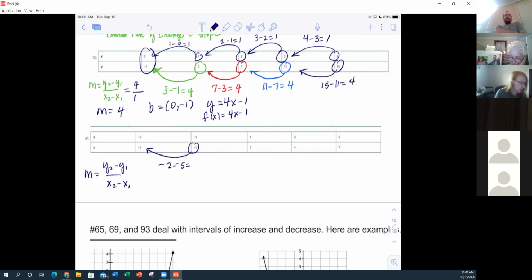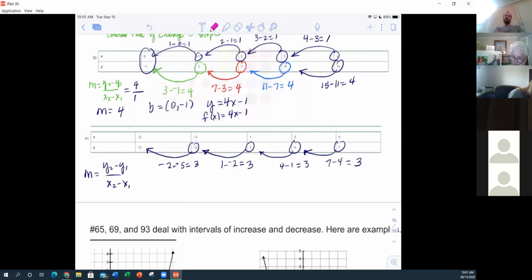Yeah, because that double negative turns into a positive. Then what is 1 minus -2? It's also 3. And then 4 minus 1 is also 3. And 7 minus 4 is 3. Okay, so we're good for the y's.